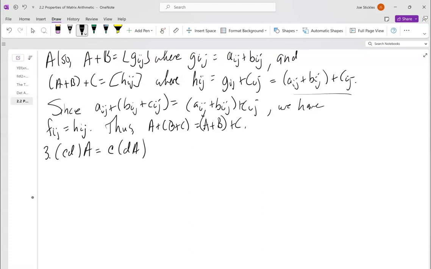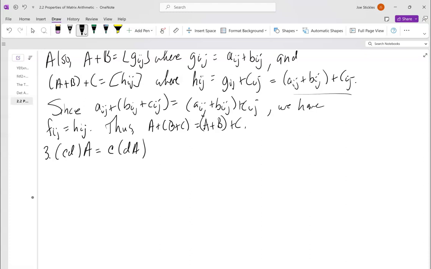Now, the other two, well, this probably isn't very surprising either. The other two aren't necessarily surprising because we know that when we define addition of matrices, we're just really digging into the elements and adding there, right? And the addition in each of the entries is commutative, so we would expect that for the whole matrix, right?